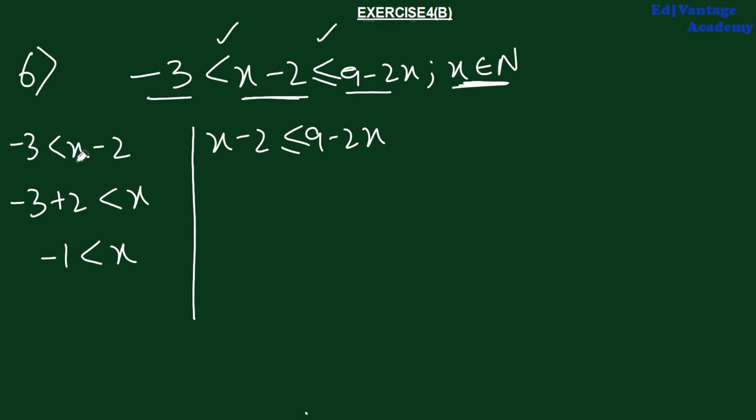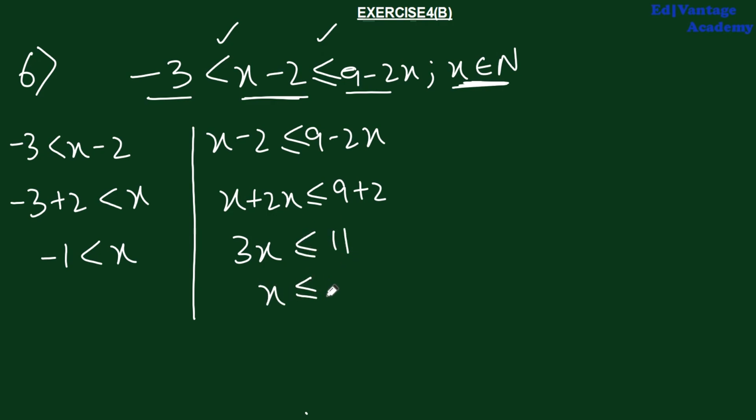I did not multiply any negative number, I did not take any negative number for multiplication or division, so the symbol did not reverse. I'll take 2x to left, x is already there, 2x comes, it becomes plus 2x. Minus 2 goes to right, it becomes 9 plus 2. Symbol did not reverse. This becomes 1x plus 2x, 3x, lesser than or equal to 11.